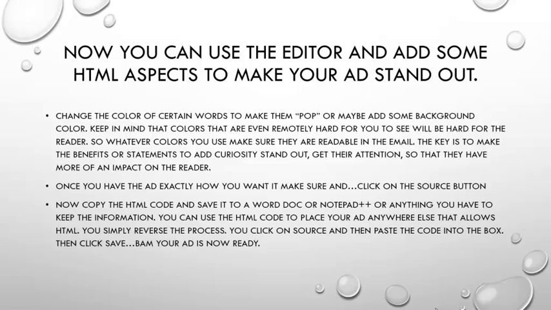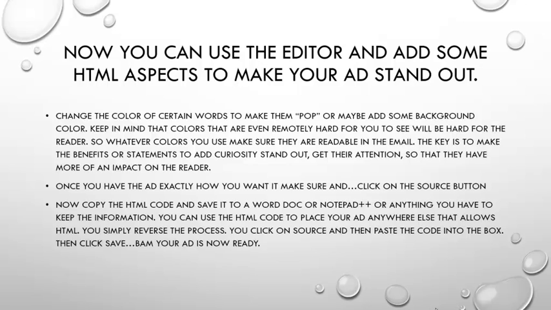The key is to make the benefits or statements that add curiosity stand out. Get their attention so that they have more of an impact and more of a feeling on the reader. Once you have the ad exactly how you want it, make sure and click on the source button.